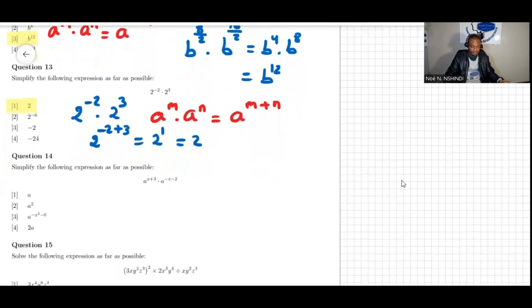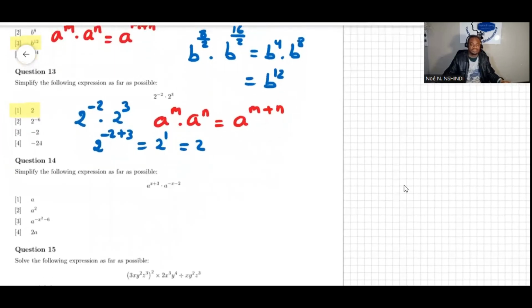Now question 14. Okay, it also says simplify the following expression as far as possible. Over here, the bases are still the same, okay? So we're gonna use the same formula. So it's a to the power of x plus 3 times a to the power of negative x minus 2.